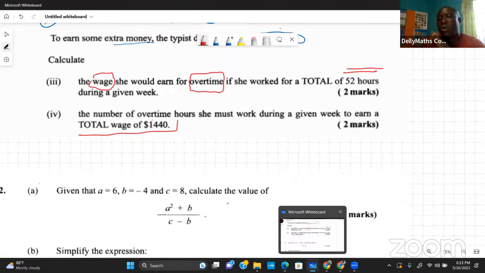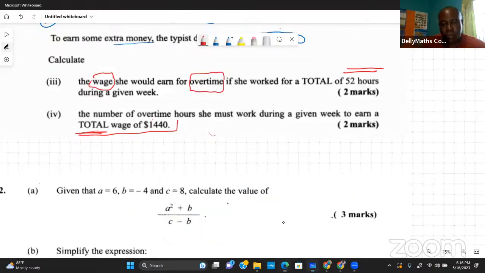They never said to earn overtime wage. That's not what they're saying. They're saying to earn in total. That means everything for that week. I'm going to have to find out how much money I would normally make that week on a normal basis, right? So let us look at the question in perspective here.